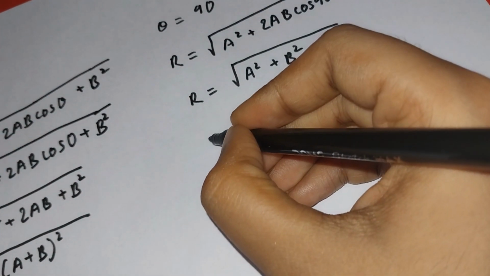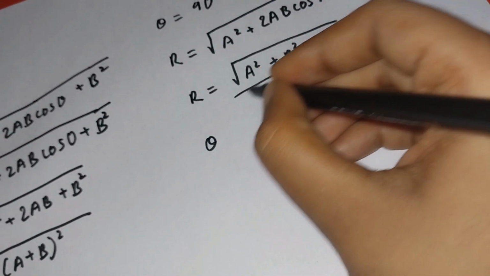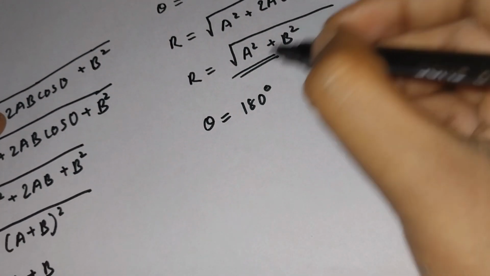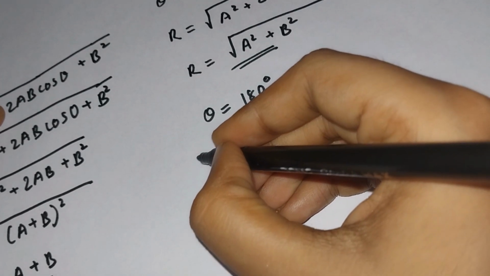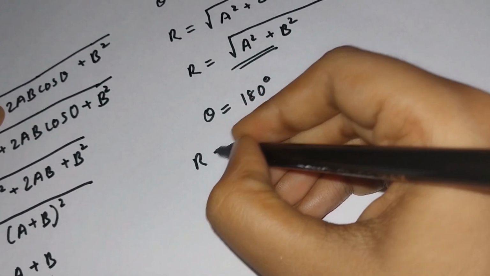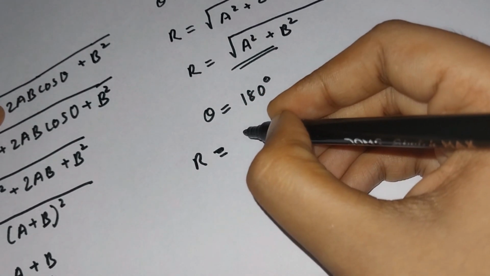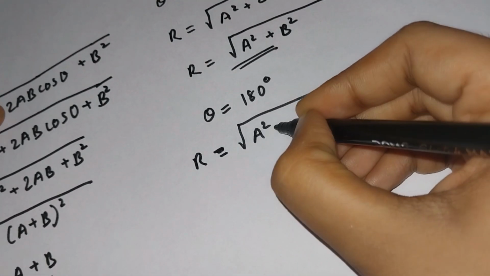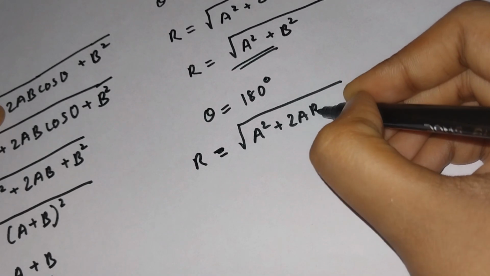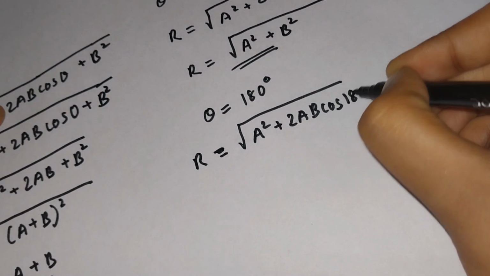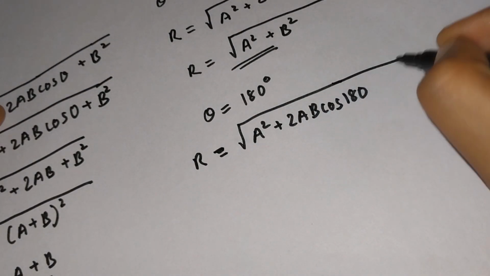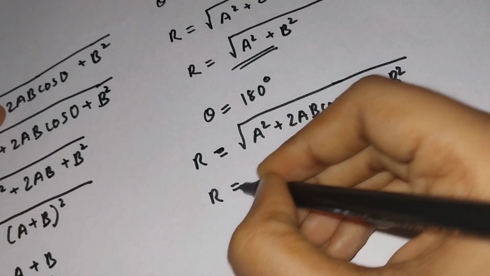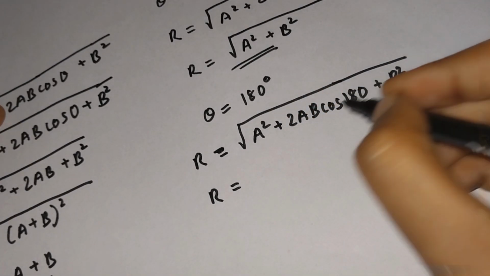When theta is equal to 180 degree, the resultant vector r's magnitude is square root of a square plus 2ab cos 180 plus b square. Now this is equal to, cos 180 is minus 1.